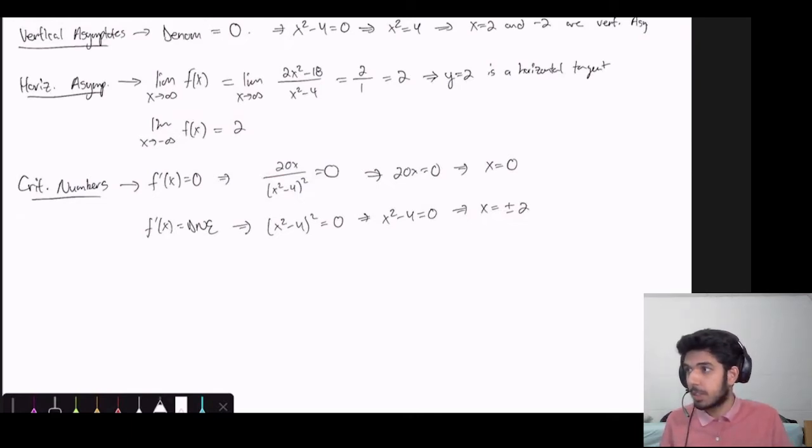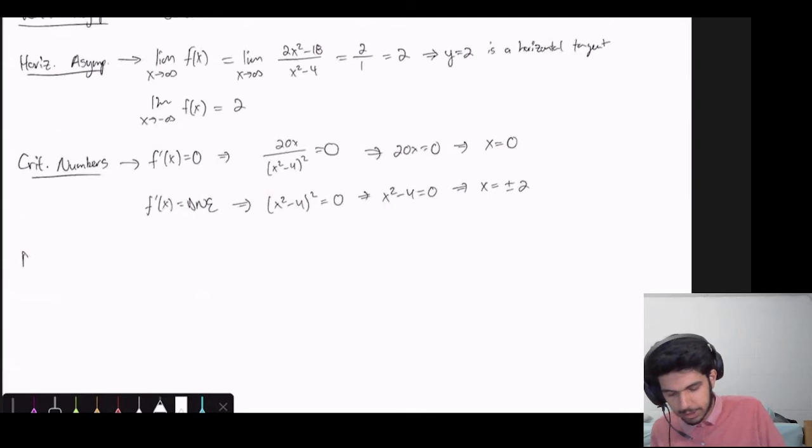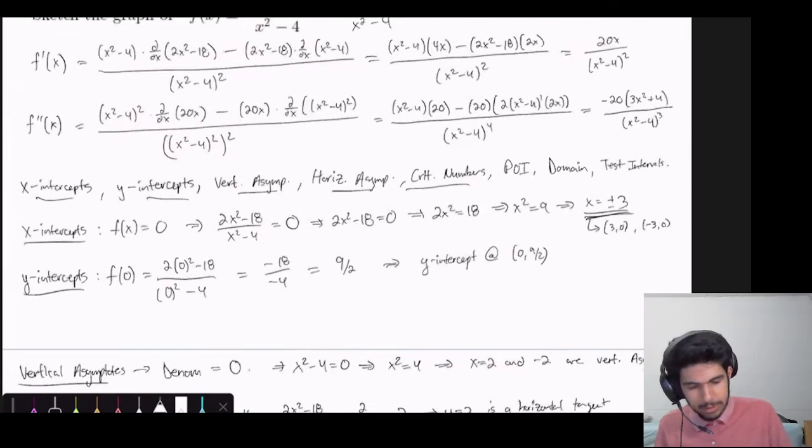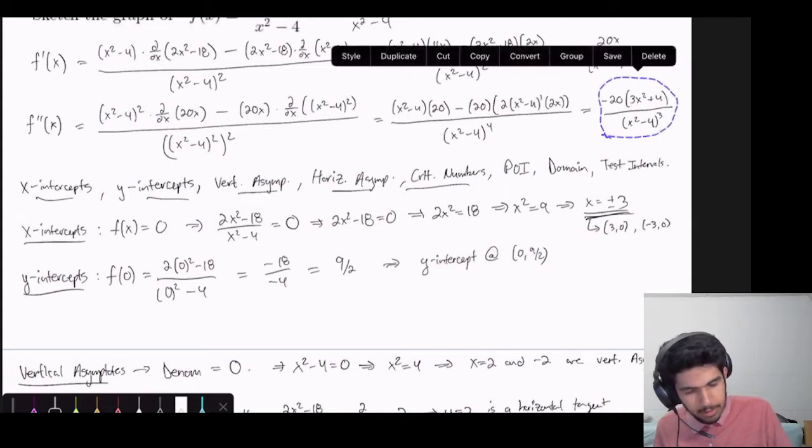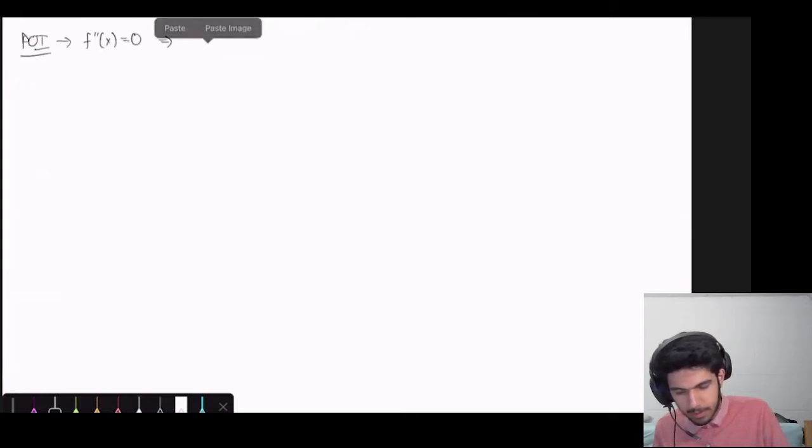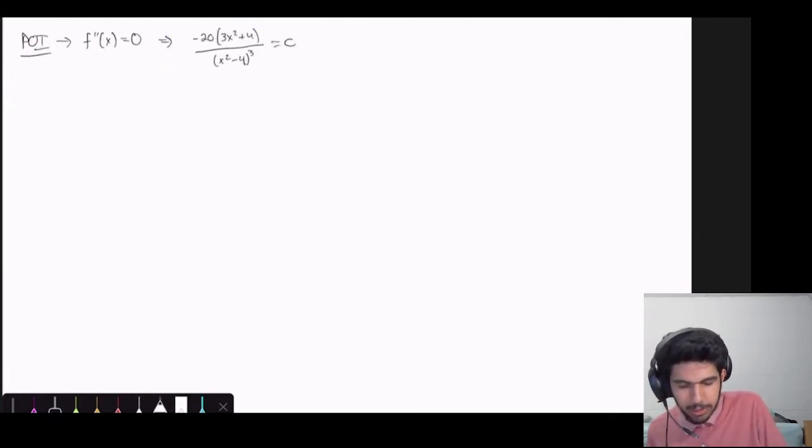Beautiful. Okay, let's do points of inflection next. So this is where f double prime of x equals 0. So what is f double prime of x? That would be this. Copy, paste. So we want this to equal 0, and as we've seen before, we want the numerator to equal 0.